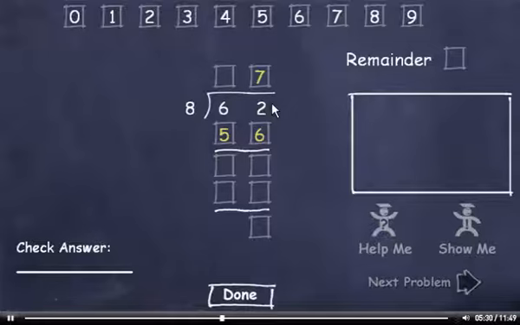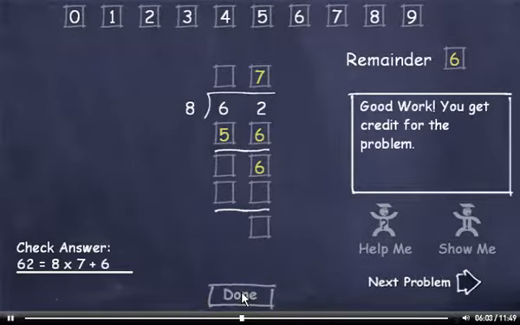I can't subtract 6 from 2, so I'll have to borrow. 12 minus 6 is 6. I borrowed from this 6, so it's now a 5. 5 minus 5 is 0. I'll put 6 in the remainder box. And the answer is 7 remainder 6. I'll click the Done button and move on to the next problem.